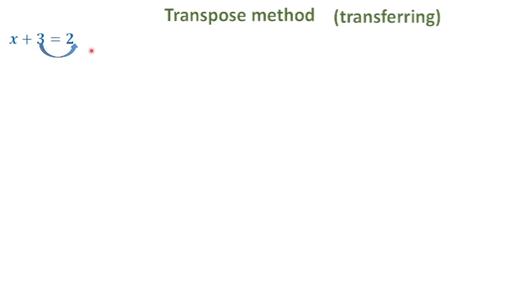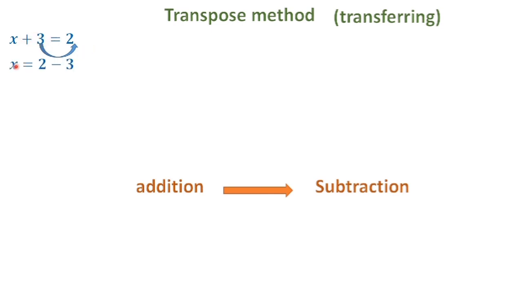See here, it is plus 3 on the LHS. So when we transpose, addition changes to subtraction. When we transpose one term from the LHS to the RHS, addition changes to subtraction.